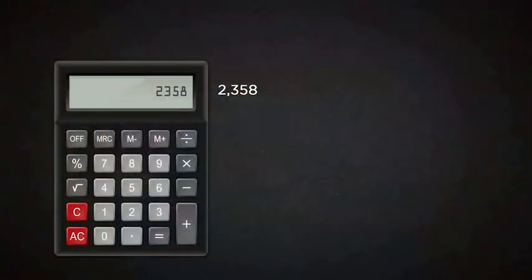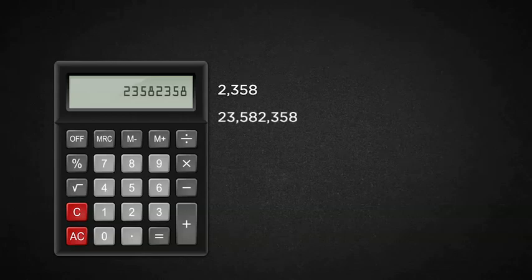The secret behind this trick is pretty simple, yet it usually gets a very big reaction. It's based on the fact that if you take any 4-digit number, let's say your PIN number was 2358, and if you write it twice so it appears as an 8-digit number like 2358, 2358, well, that's just the same as the original 4-digit PIN multiplied by 10,001.